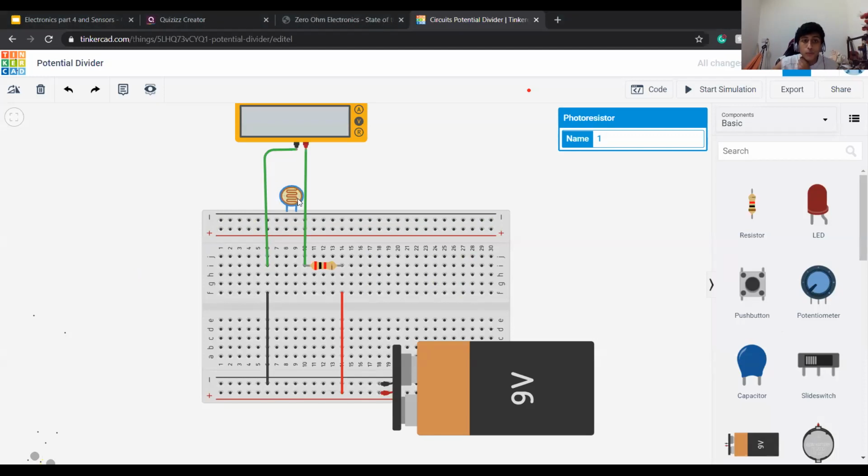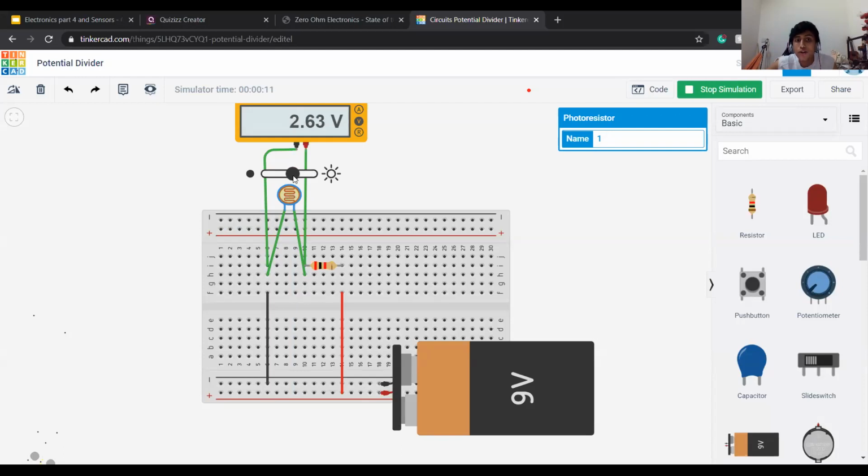Anyways, so we are going to connect the photoresistor in place of one of our resistors, or the potentiometer, and we are going to start the simulation. Now see, as I change the amount of light falling on it, this is basically a light that tells us how much light is falling on it.